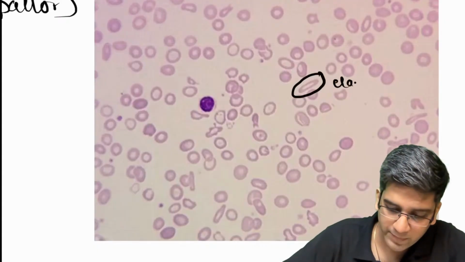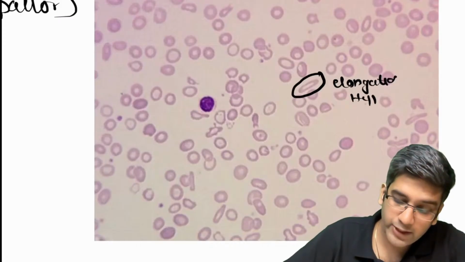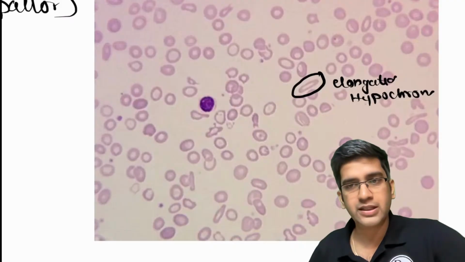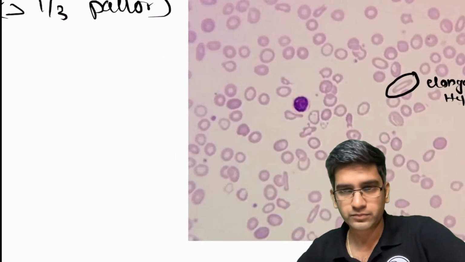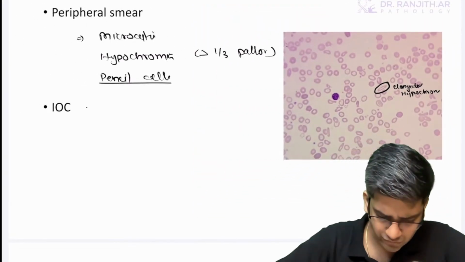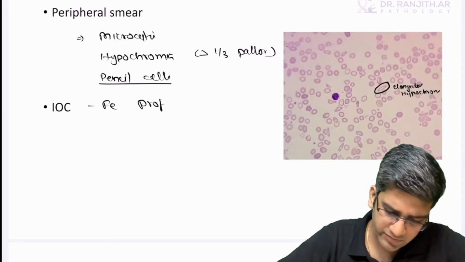Elongated hypochromic cells. I want both the terms, not just elongated. It should be elongated and it should be hypochromic, right? An elongated hypochromic cell is a classical pencil cell that is definitely there, fine? Okay, fine. That's classical for a peripheral smear. Investigation of choice is nothing but your iron profile. Iron profile is the investigation of choice.